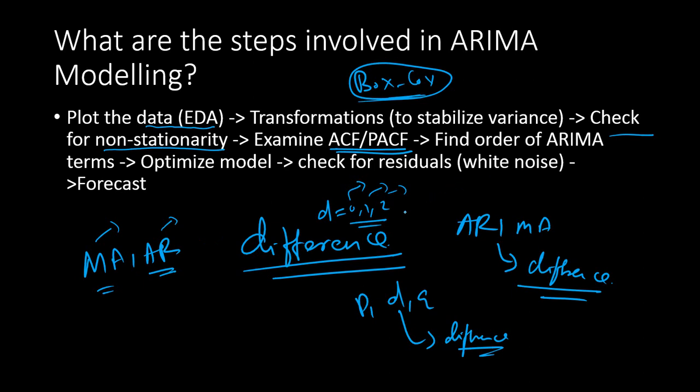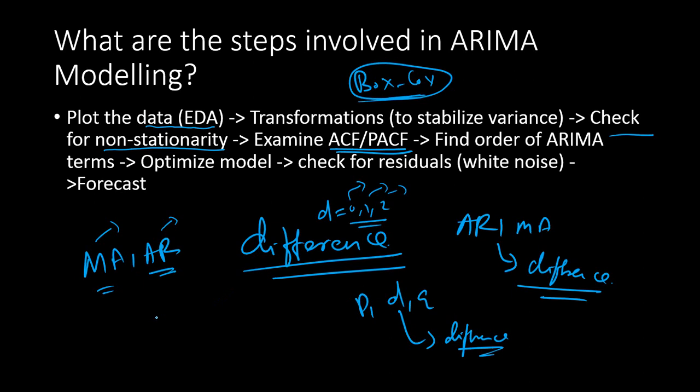The next step would be to find out the optimal number of orders for AR, MA, and D. And that you can find out by using some standard metrics. We'll talk more about it in one of the next questions.